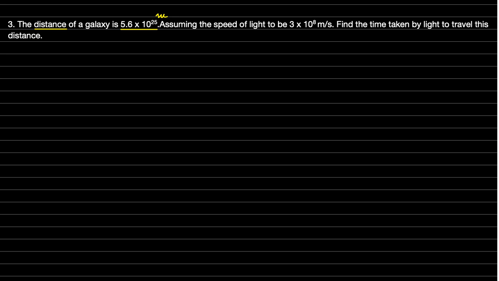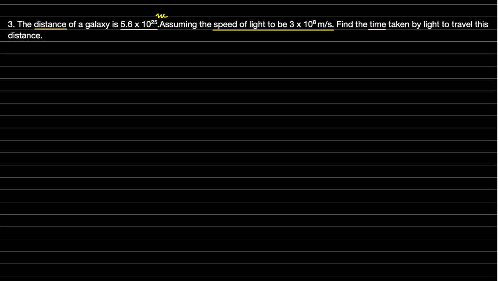So 5.6 into 10 to the power of 25 meters. Assuming the speed of light is given as 3 into 10 to the power of 8 meter per second. Find the time taken by light to travel this distance.